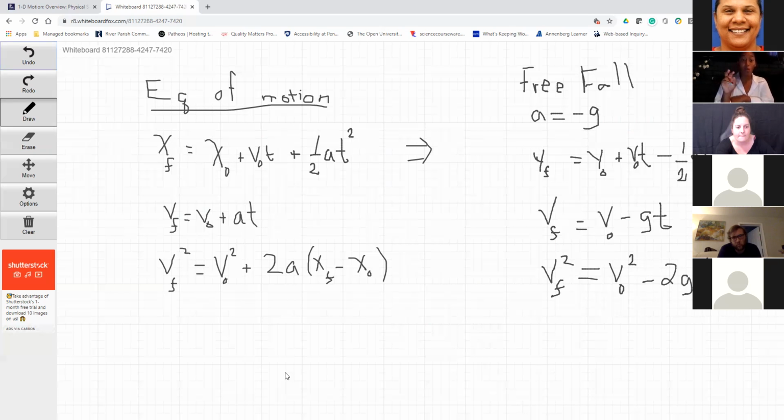Okay, so you can see very clearly here that what we did is substitute. Now our X is Y and A is equal to minus G. These are typically written for horizontal motion when you're describing horizontal 1D motion.